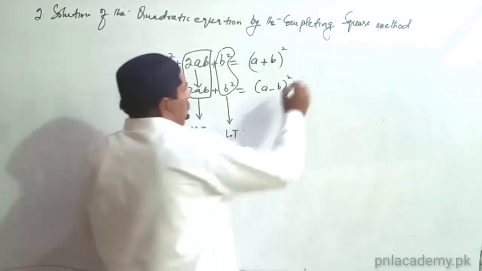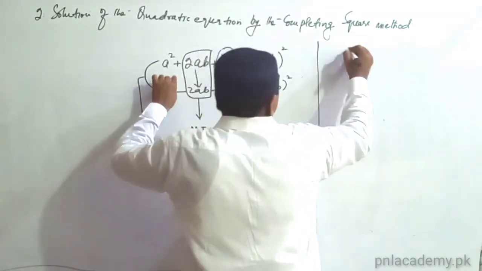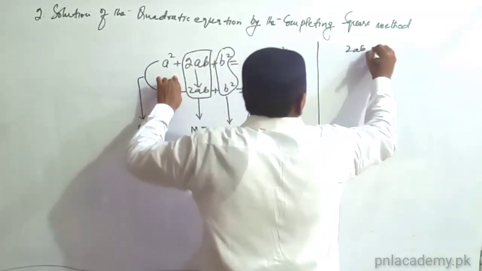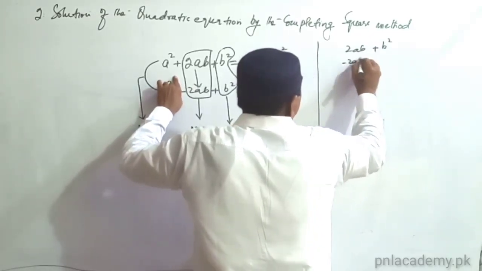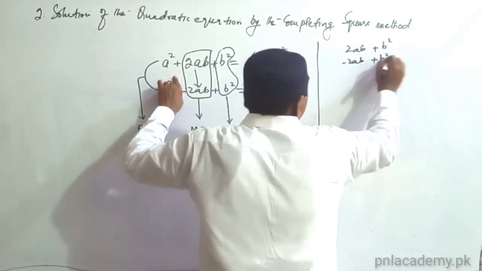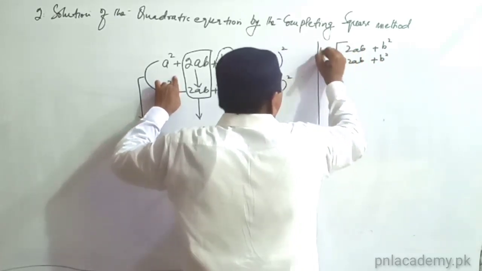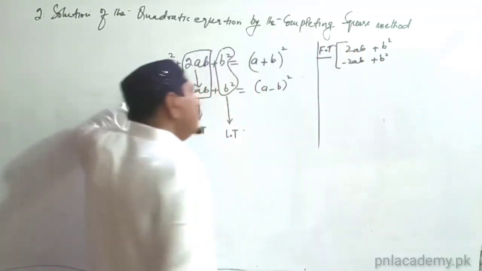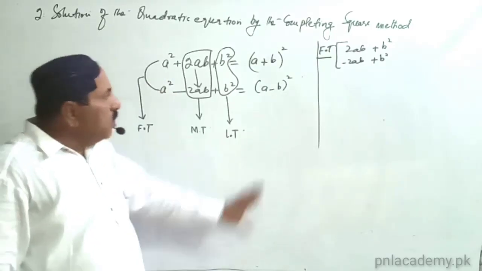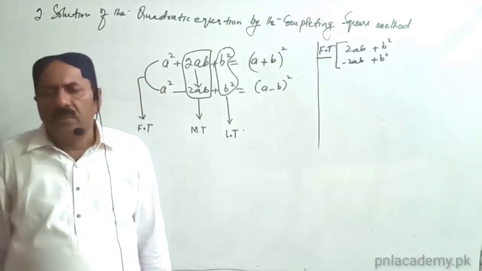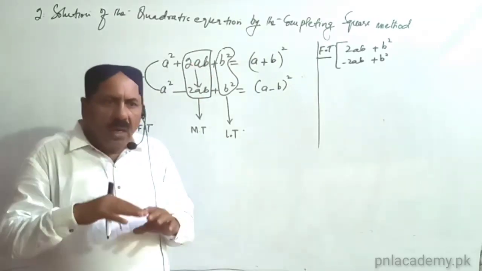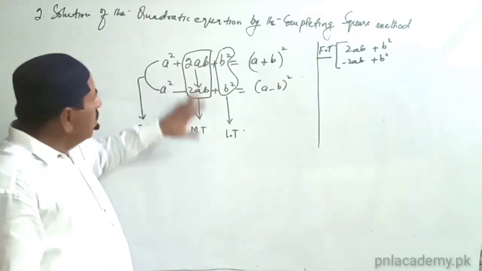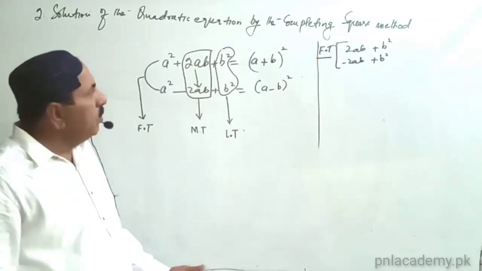So what should be the first term as we make the equation according to a perfect square form?